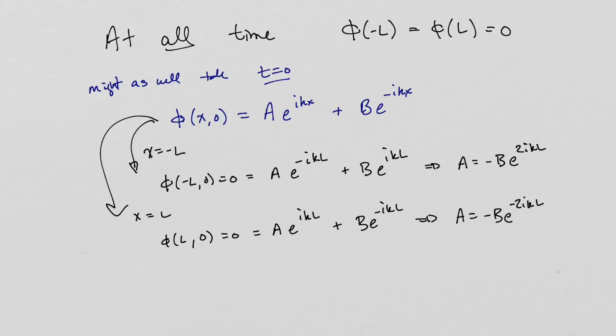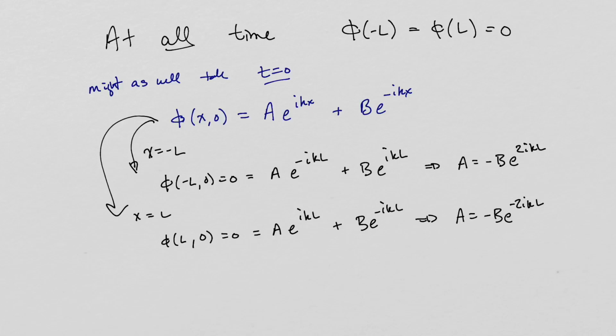And of course, looking at this after a little while, the only way that these two things can possibly be true is if we somehow harness the fact that the exponentials are periodic functions. And therefore, if we choose the appropriate value of k, it might be possible for both of these things to be satisfied at the same time.